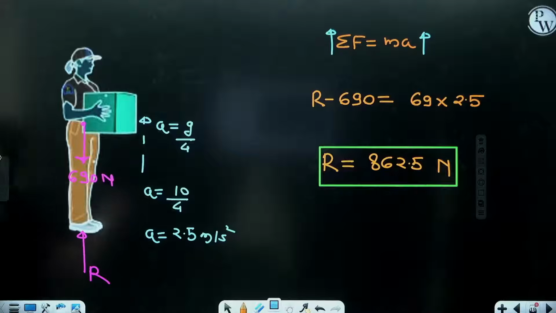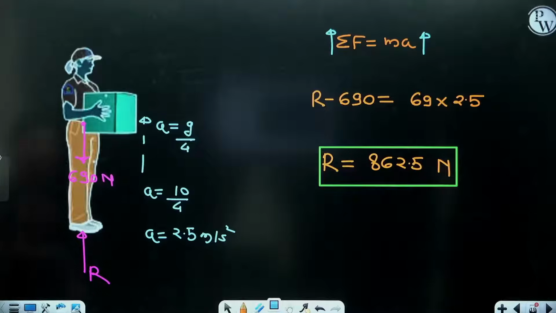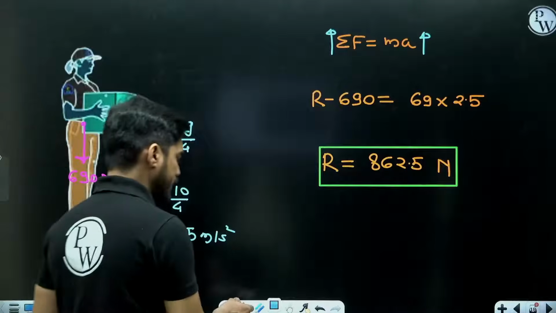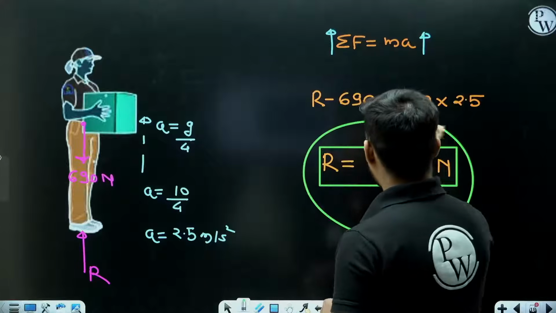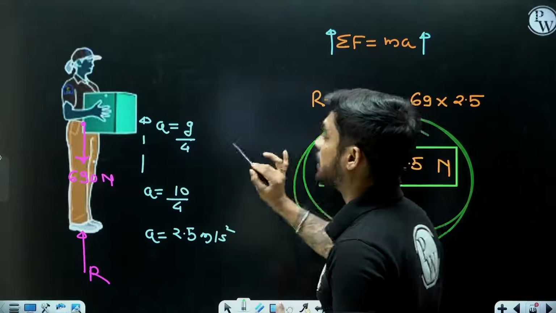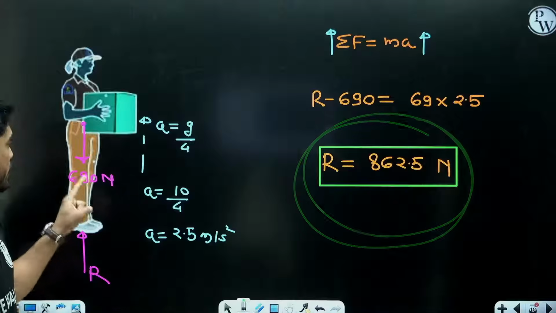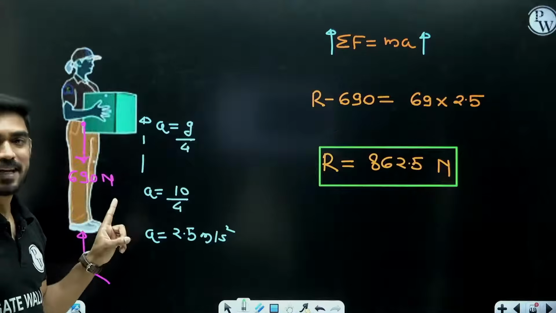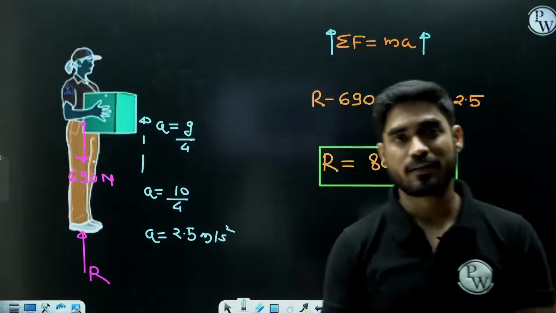Now let me explain this. What is this force? Why they are asking you to calculate this force? Understand. This is the effective weight of the woman. Actual weight of the woman with the package is 69 kg.